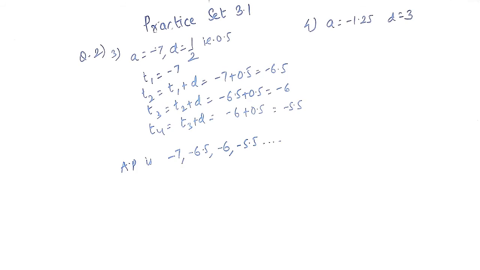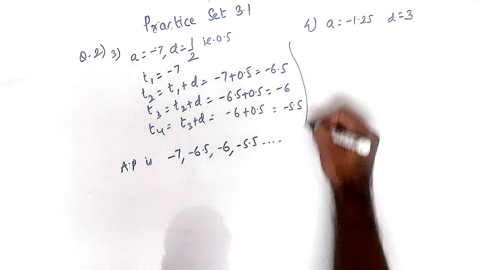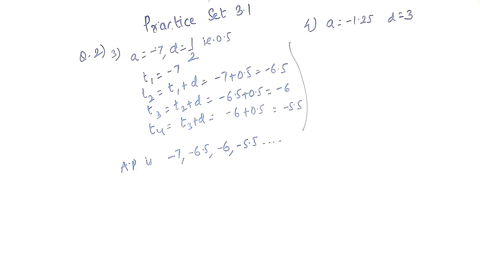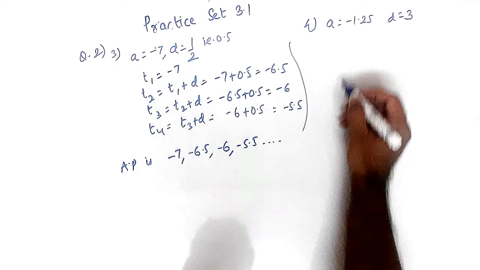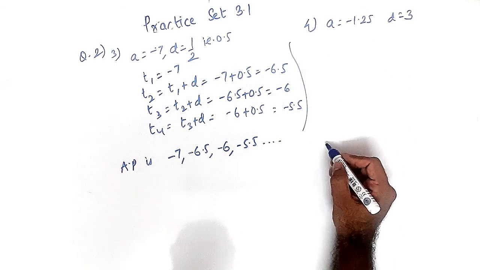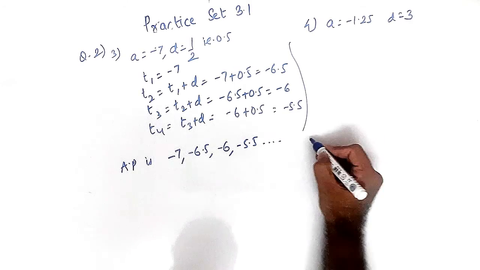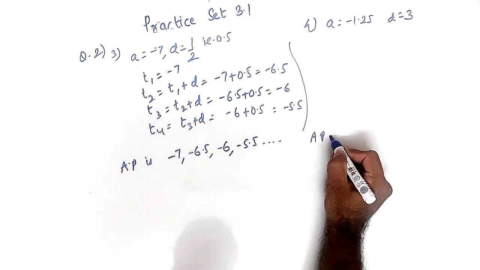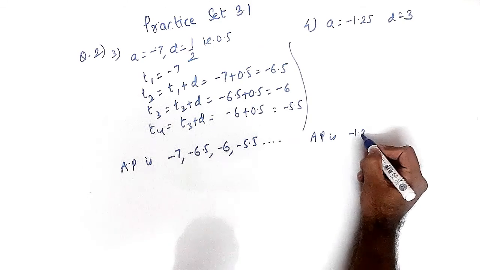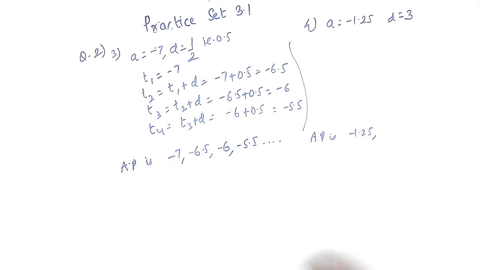Okay, coming to the fourth one. Coming to question number 4, you can see A is minus 1.25, and so I'll write AP is minus 1.25, comma, difference is 3. If I add 3 to it, it will be 1.75.